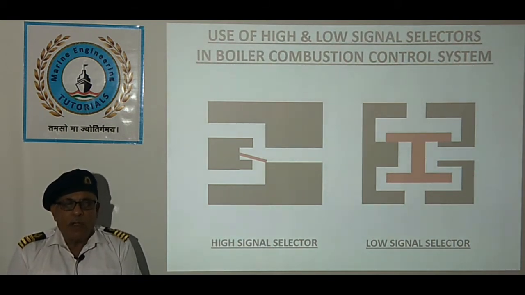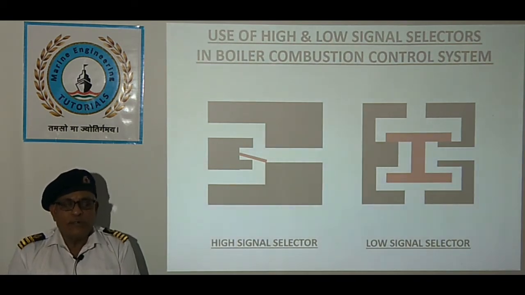If the steam demand or load on boiler increases, which is revealed by drop in steam pressure, then air and fuel will have to be proportionally increased to maintain steady boiler pressure. If fuel is increased first, then it will lead to black smoke and inadequate combustion.